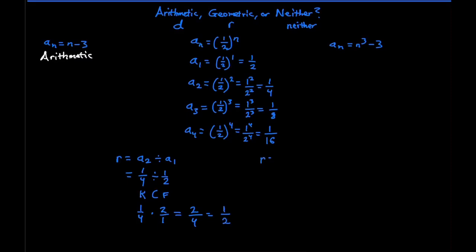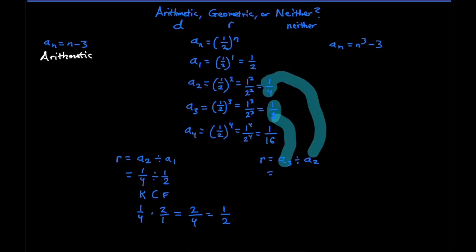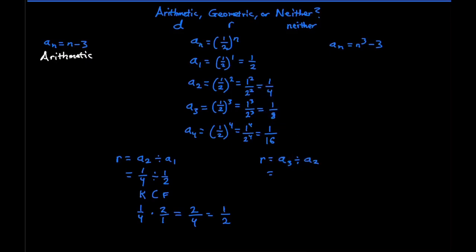And then you check another pair of numbers. You start with A3 and you divide it by A2. A3 is the 1/8 and A2 is the 1/4. And you keep, change, flip this.